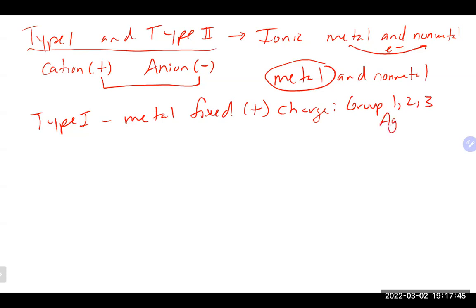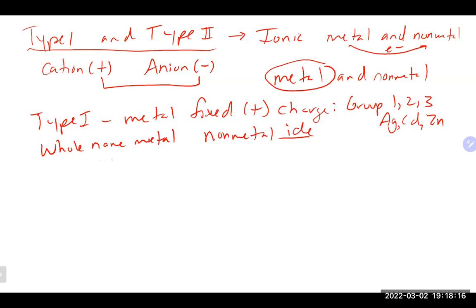Also our silver, cadmium, and zinc, which are transition metals, but they do have, again, a fixed positive charge. Once you identify those as a type 1 metal, that's pretty much all you need to do. You don't have to worry about figuring out charges. You just use the whole name of the metal. And the non-metal gets that IDE at the end of it.